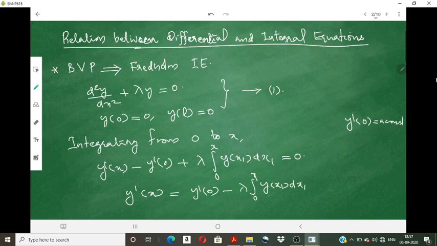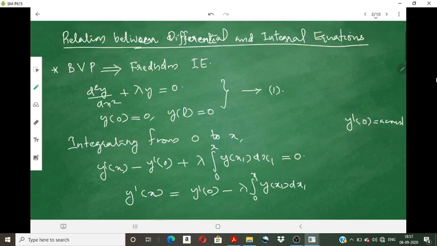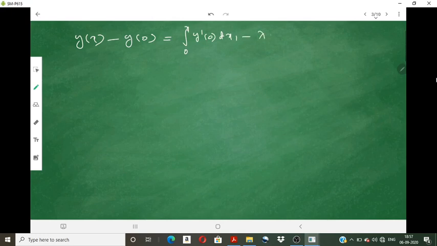Now again integrating this from 0 to x, after changing the variable x to another dummy variable x2, after integration the left side will be y of x minus y of 0 is equal to integral 0 to x y dash 0 dx1 minus lambda integral 0 to x integral 0 to x2 y of x1 dx1 dx2.